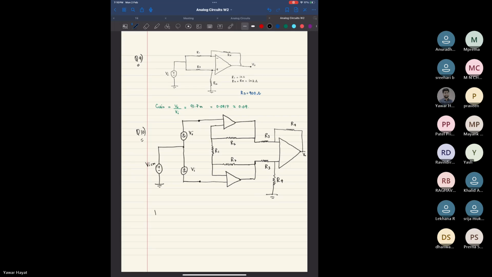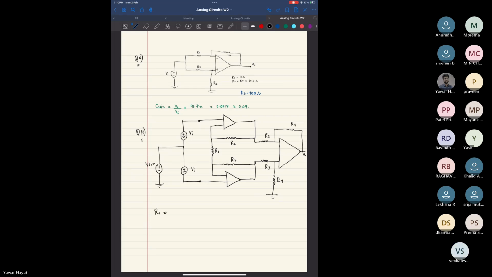R1 is 200 ohm. R2 is 600 ohm. R3 is R4 and that is 1 kilo ohm. Okay.